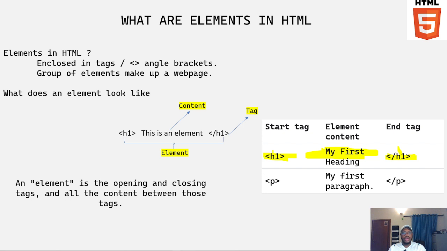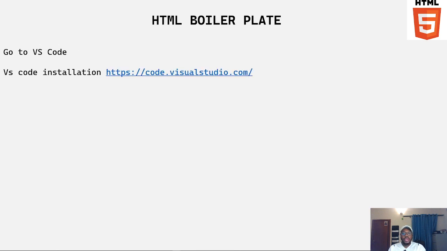Let's take a look at elements in play. Before we do that, we will have to write our code somewhere. We need to download Visual Studio Code, and I'll put this link in the description below for you to get Visual Studio. The installation process is really simple. You just install based on your operating system, and then you carry on.